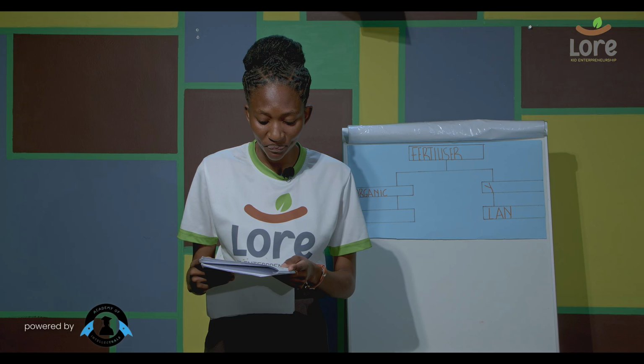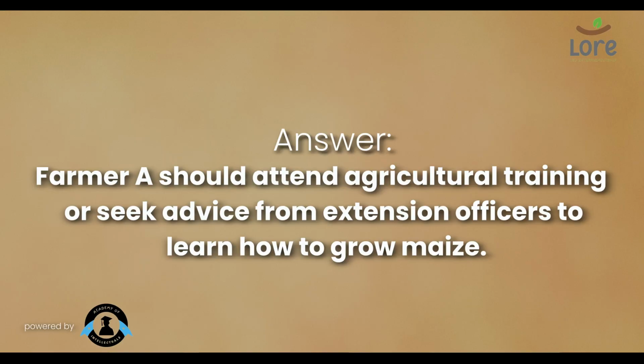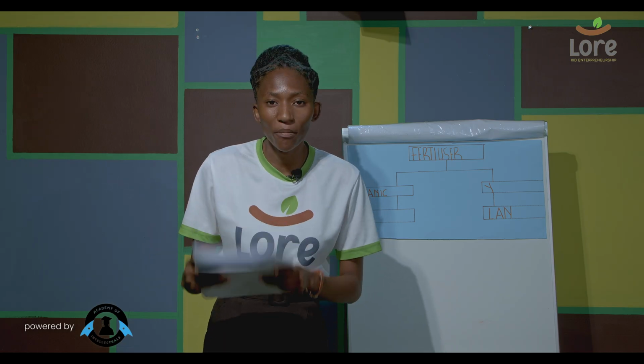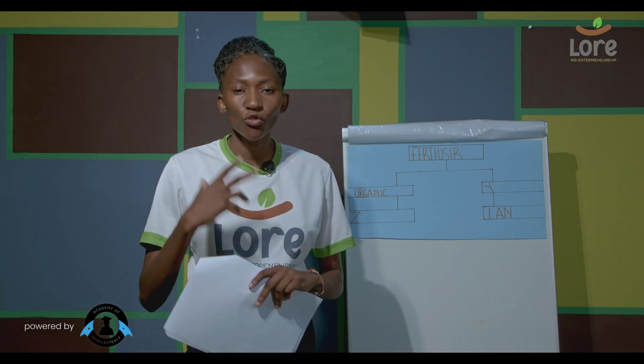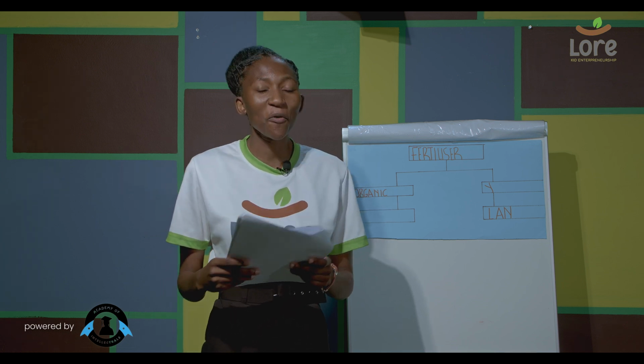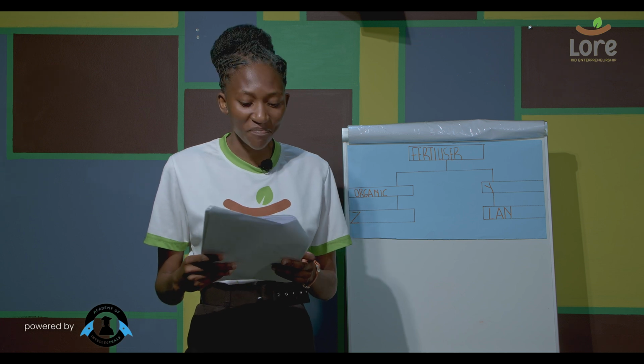The answer: Farmer A should attend agricultural training or seek advice from an extension officer to learn how to grow maize, while Farmer B can apply for a loan from CEDA or the National Development Bank to expand the business. It is important that you give an answer relevant to each farmer's problem. That's how you earn your full 2 marks. Let's move on to question 5 of our revision paper.